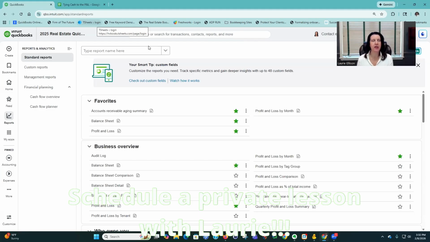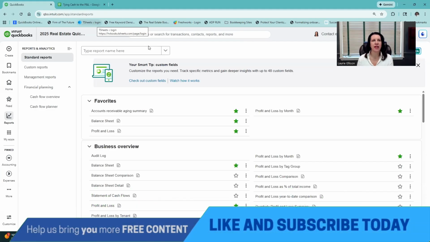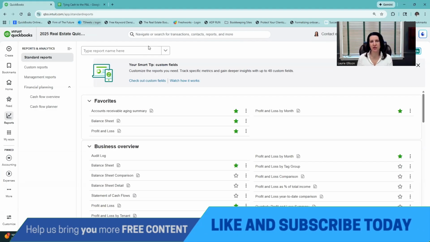Because one of my clients has to have a reserve account. So a certain amount of money is going to this reserve account all the time, it's kind of like another escrow account, right? Ready for if some major repair has to happen. So that is, again, something that could affect your cash flow.